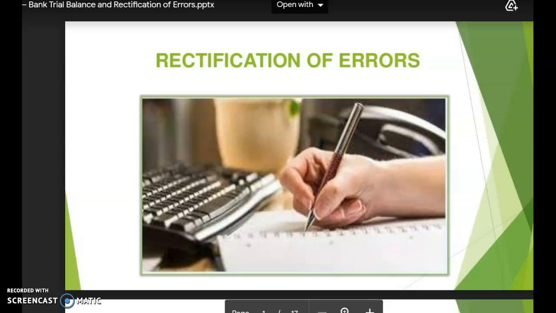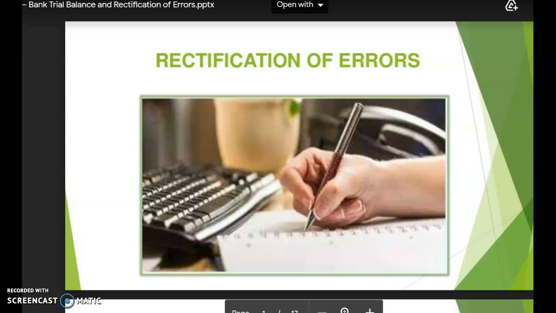So errors may be created. So by error we mean that information which is incurred in the books of accounts without any malafide intention and not with the purpose of deceiving anyone. So this we mean by the term error.